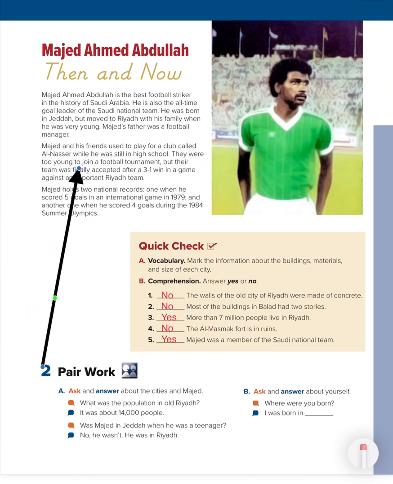They were too young to join a football tournament, but their team was finally accepted after a 3-1 win in a game against an important Riyadh team. Majid holds 2 national records. One when he scored 5 goals in an international game against the national team of Qatar in 1979. And another one when he scored 4 goals against India during the 1984 Summer Olympics.